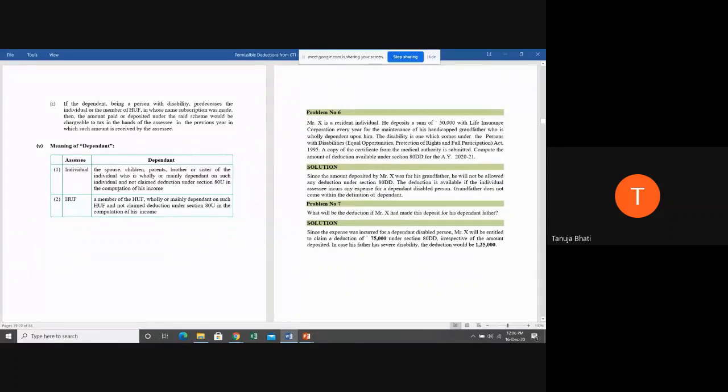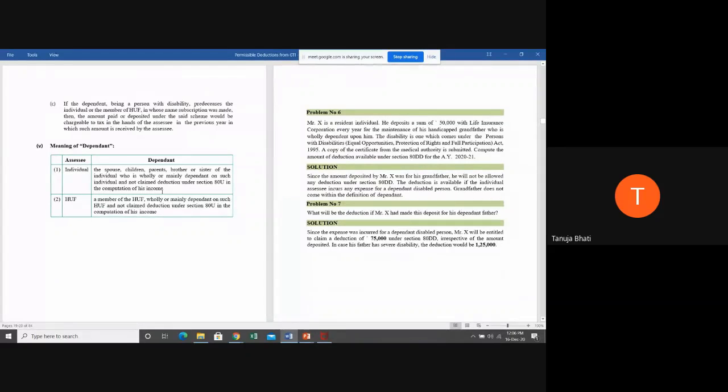We will be concentrating more on the individual because in this module you have sums only on individuals. So students, who is a dependent in case of an individual? Only his spouse, children, parents, brother, sister. Now your grandparents, grandmom, grandfather are not included. Uncle, auntie are not included.